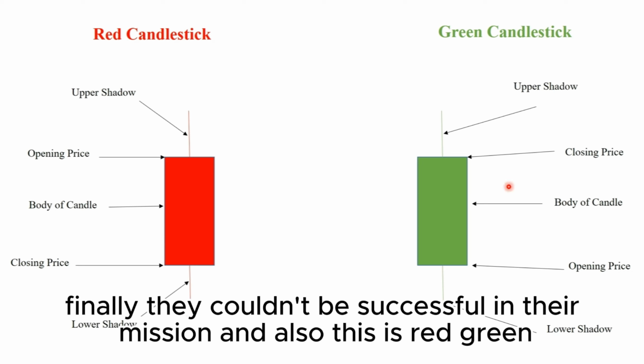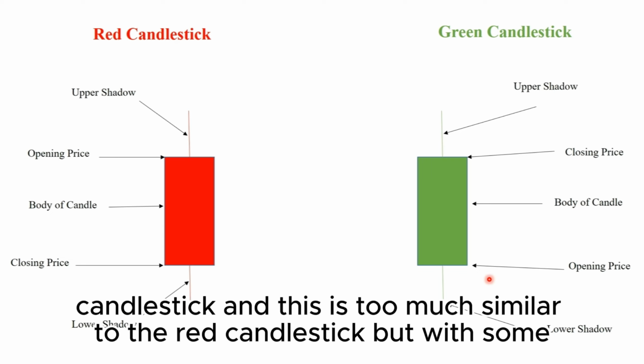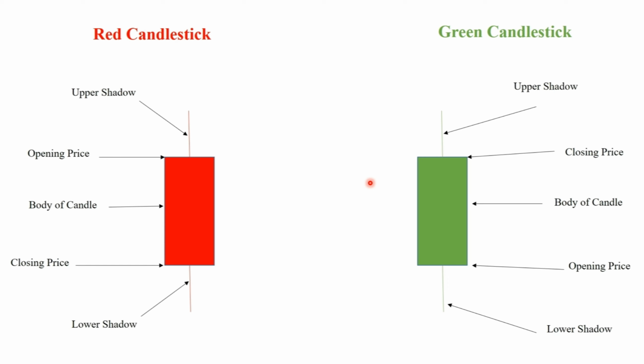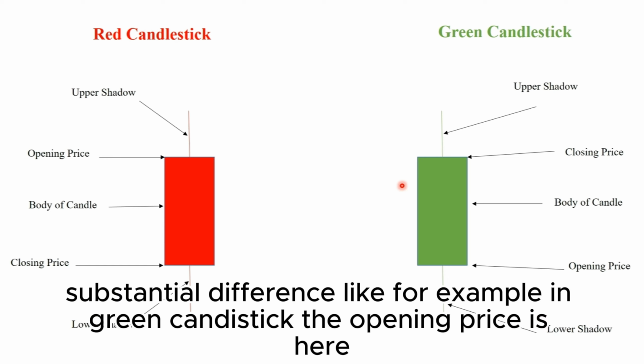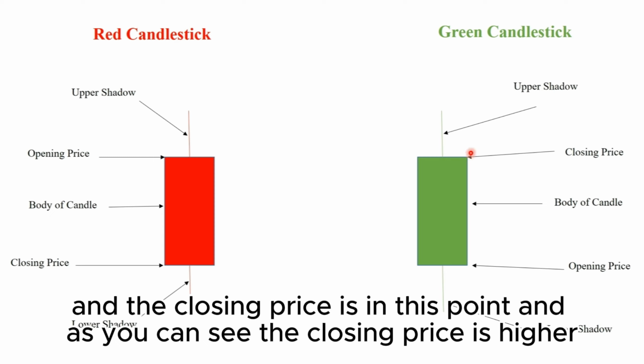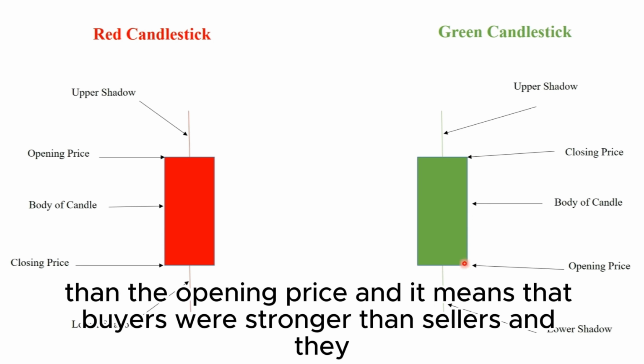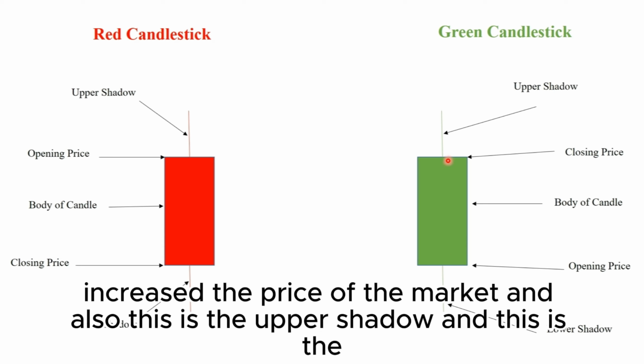And this is the green candlestick, which is very similar to the red candlestick, but with some substantial differences. For example, in the green candlestick, the opening price is here and the closing price is at this point. The closing price is higher than the opening price, and it means that buyers were stronger than sellers, and they increased the price of the market.